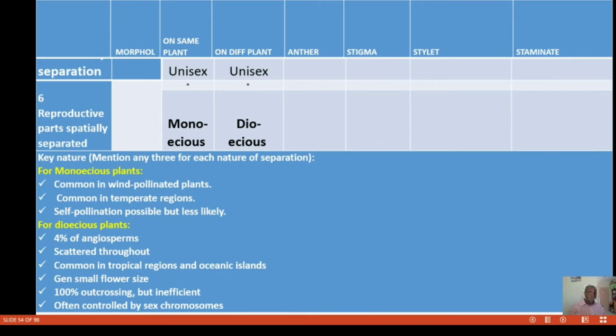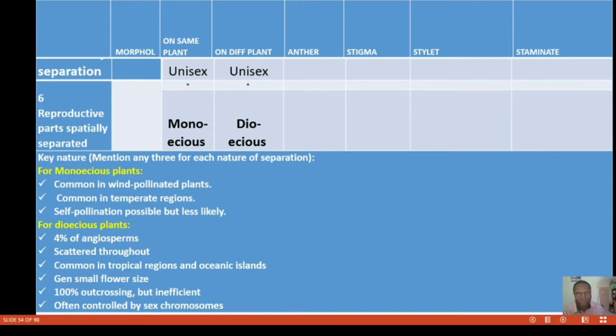It can be unisexual on different plants. When it is unisexual and there is a separation of the sexual or reproductive parts, then we have a monoecious condition on either the same or separate plants.